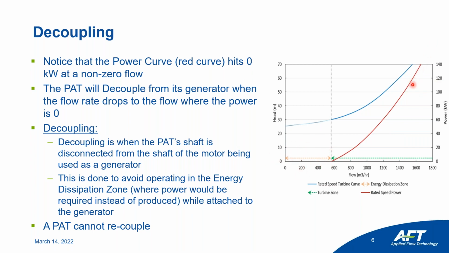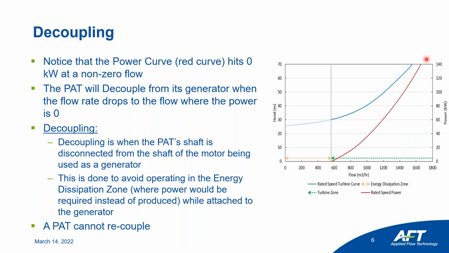So as soon as the power hits zero and the PAT goes to enter this energy dissipation zone, the PAT will decouple so that the generator is not attached to the PAT while it enters this zone. And this zone dissipates energy because for that constant speed that these curves are on, you would have to have the motor producing power to the PAT again in order to keep it at that speed.